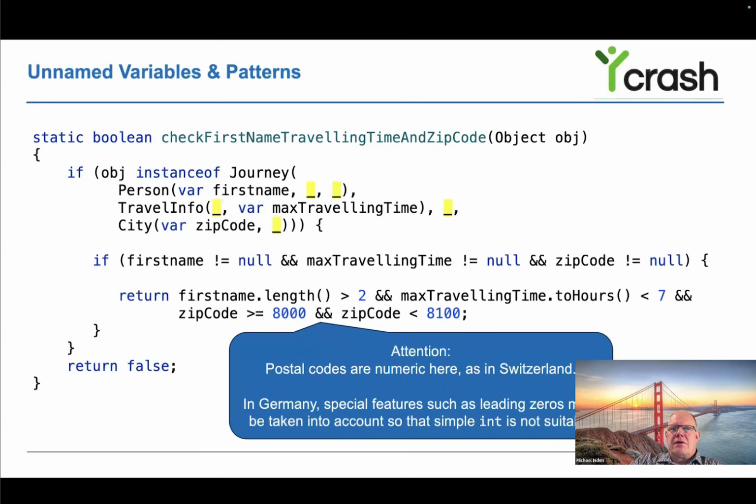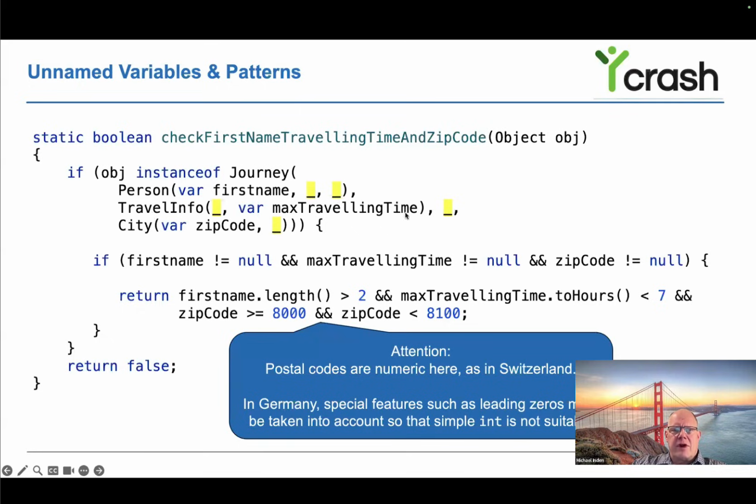And I promised you that the initially shown bigger record pattern, which was a bit unreadable at first, will become far more readable. Here is a slightly different example, but it's nearly the same. You have a journey pattern. The person, you indicate that the two attributes are irrelevant.